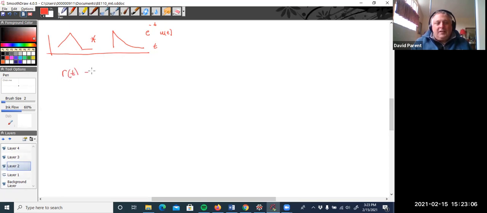this function is RT. For example, right?